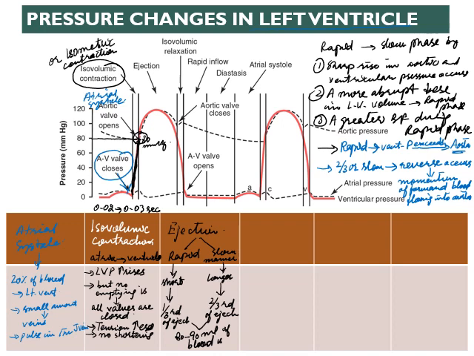And this momentum of forward blood flowing into the aorta results from storage of potential energy. So during rapid ejection, as we have mentioned, the pressure rises and it becomes 120 mm of mercury.